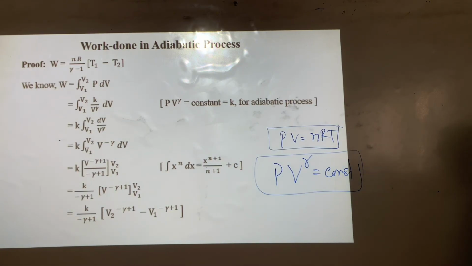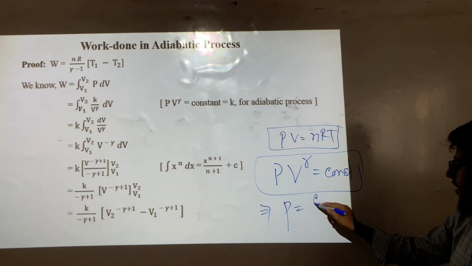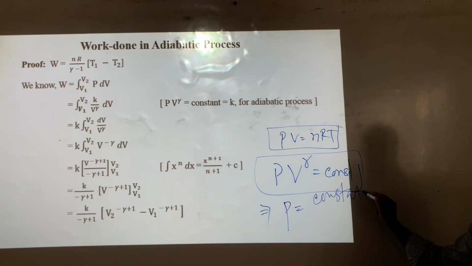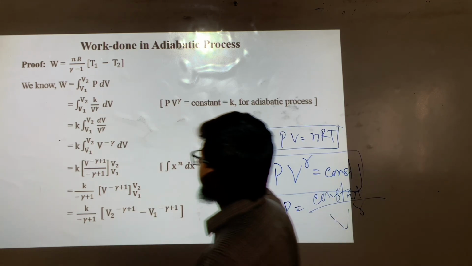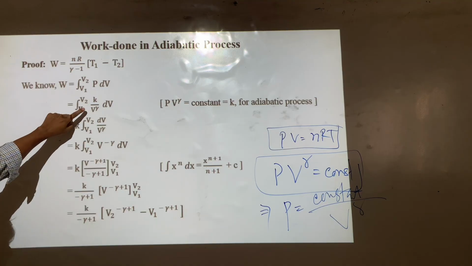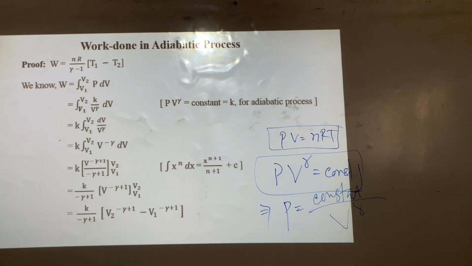As I said, it depends on gamma, and gamma depends on the type of molecules that you choose for your experiment. So we have P is equal to some constant divided by V to the power gamma, and I have chosen the constant to be K. You can choose any other constant.